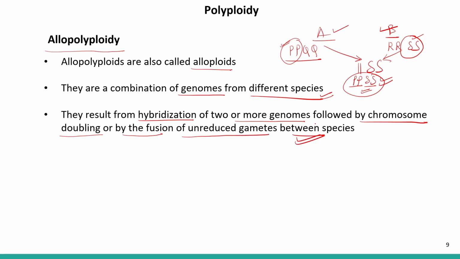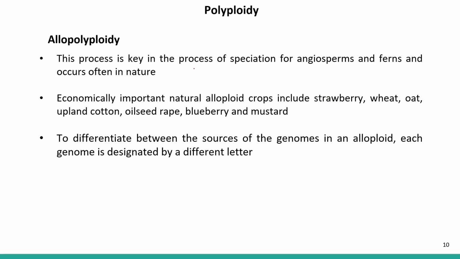So the hybridization technique is one of the important tools for the formation of allopolyploids. This process is key in speciation for angiosperms and ferns and occurs often in nature. Economically important natural allopolyploid crops include strawberry, wheat, oat, upland cotton, oilseed rape, blueberry and mustard.